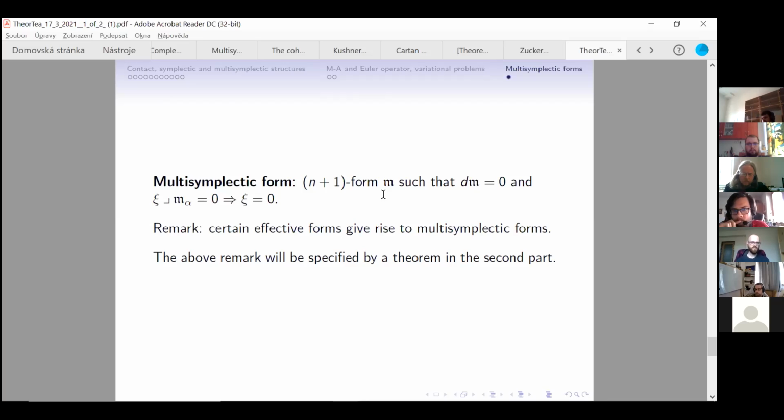But still, the effective form satisfies the condition of the theorem I'm advertising here, which connects effective and multisymplectic forms. In other words, Plebanski 1 and 2 has such a differential form representation that it gives rise to a multisymplectic form. And once we have a multisymplectic form for the equation, we can find a Lagrangian for the equation, although it will not be a first-order Lagrangian on the first jet bundle.